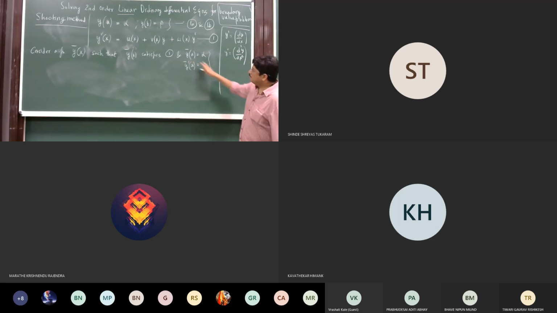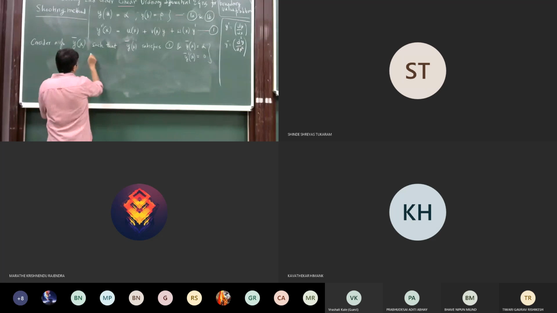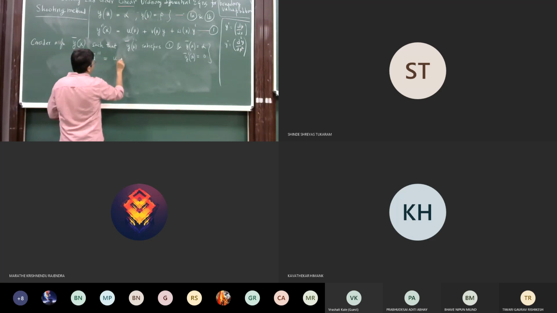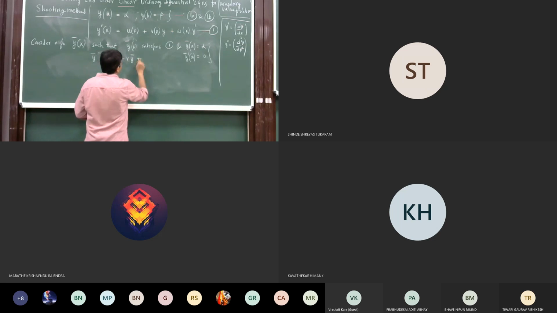So when I say that this function y bar, some new function, satisfies this differential equation, I simply mean that if I had written down the differential equation for y bar, it would have satisfied this form, where I'm just suppressing the labels of v and x. Clear?